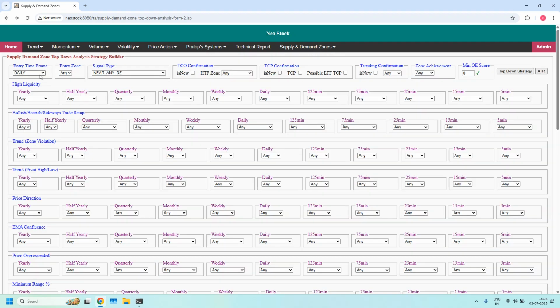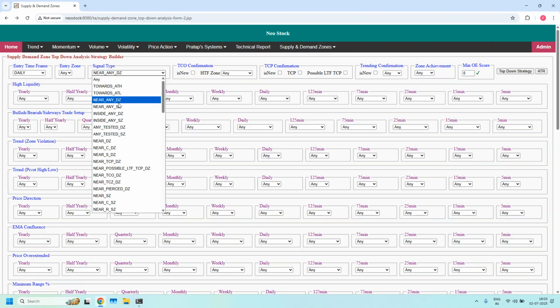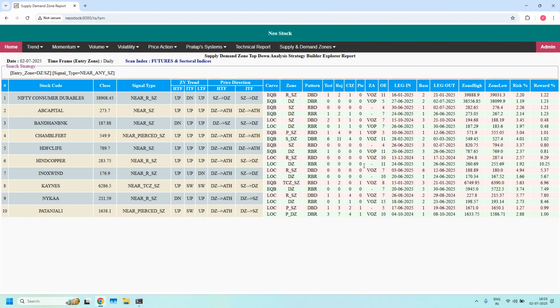Okay, next daily time frame, stocks near to the daily supply zone. We got 10 stocks. Let us identify daily high liquidity supply zones from this list. NIFTY consumer durable is not listed in F&O. I am ignoring this zone for HLQ zone strategy.